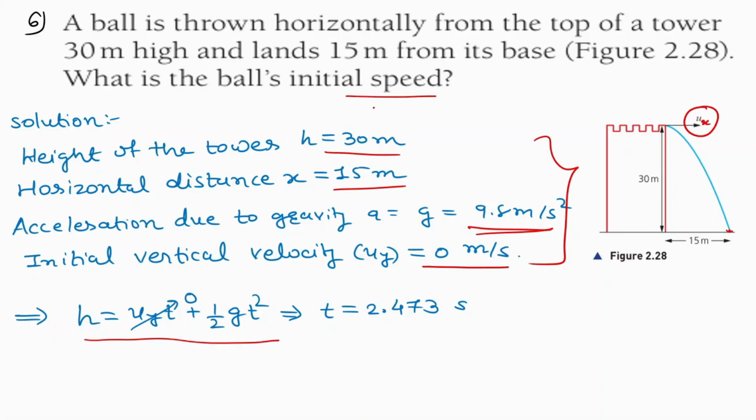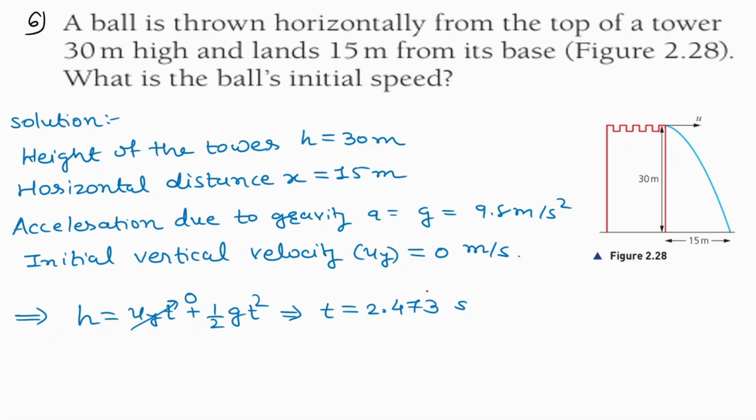So h is 30 meters for y. Do not use 15 meters over here, because we use the vertical component. Uy, the initial velocity, is 0, so it is 0 plus half g t squared. g is always there, 9.8, and you will get the answer T, 2.473 seconds.